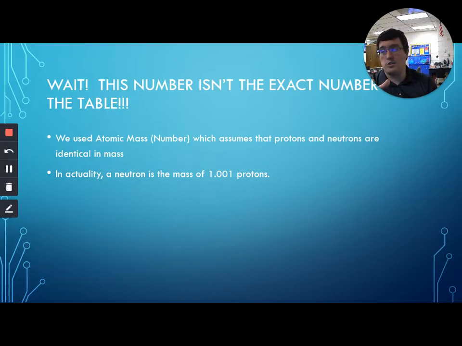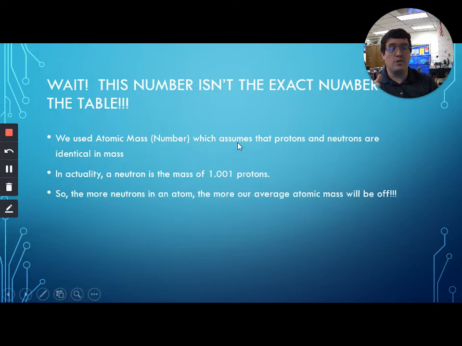So if you want to, you can figure out a way to include that neutron mass in there. But otherwise, you just have to accept the fact that the more neutrons there are in an atom, the more the average atomic mass will be off. What we also see happening, strangely enough, is as you add more and more neutrons, the mass kind of deviates a little bit. We call that mass deviation.